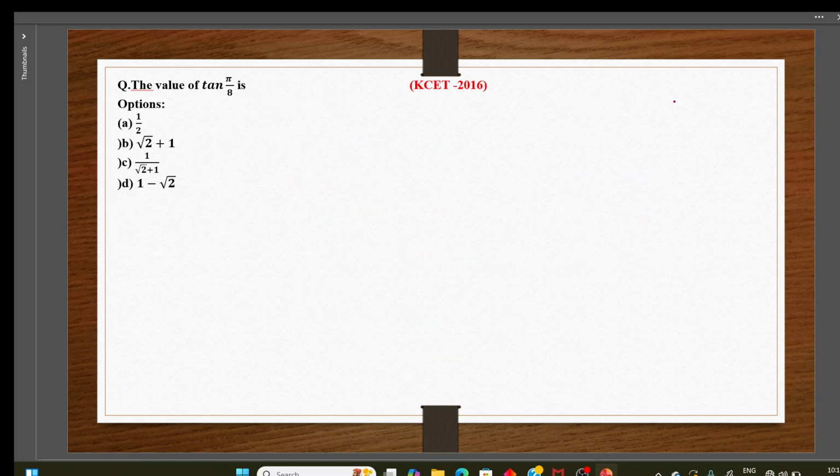Clear? Next. The value of tan pi by 8 is. Tan pi by 8 is written as sin pi by 8 by cos pi by 8. Rationalize this with cos pi by 8 by cos pi by 8.